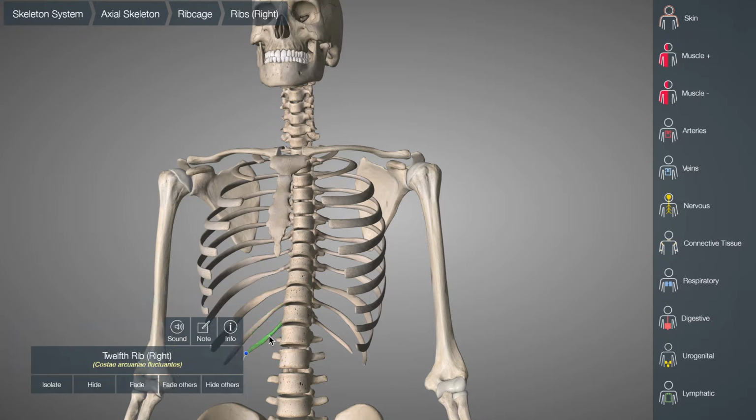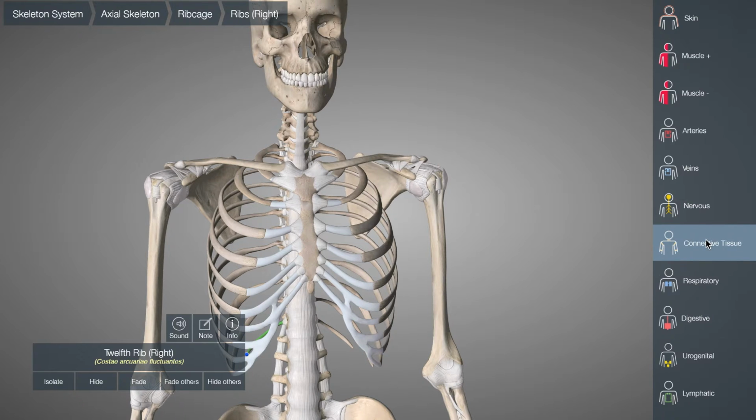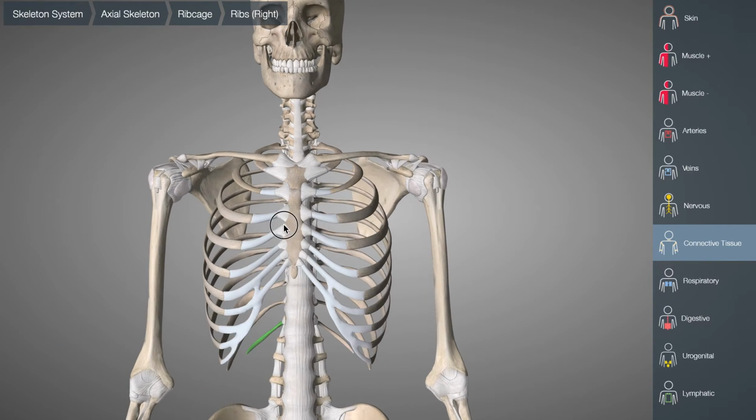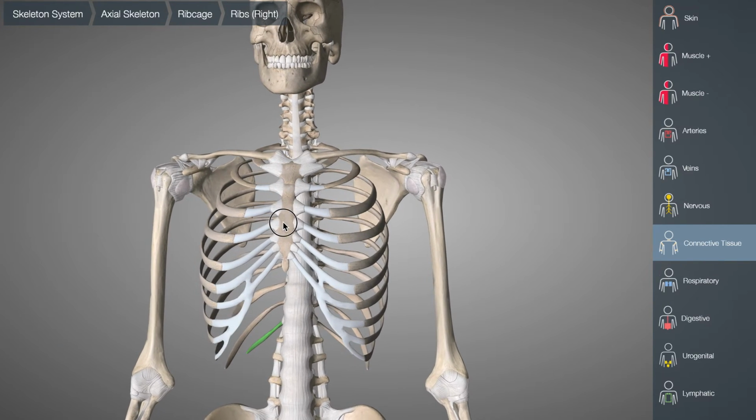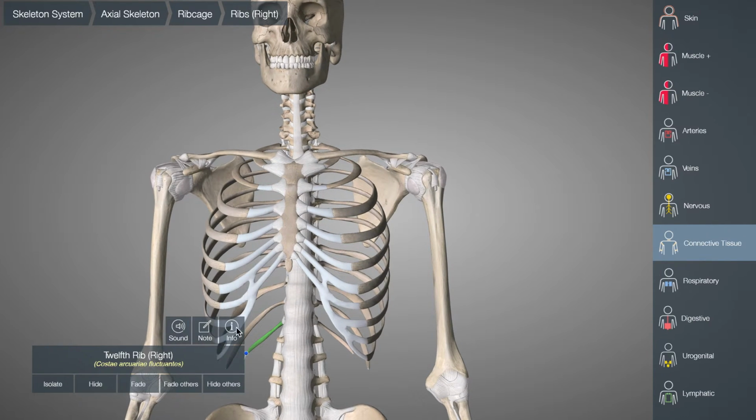They're called floating ribs because they don't have any direct connection to the sternum. But if I turn on the connective tissue right over here, you can see that the other ones do have a connection to the sternum. Well, not necessarily direct, because these ribs right over here kind of hitch a ride on the other ones.